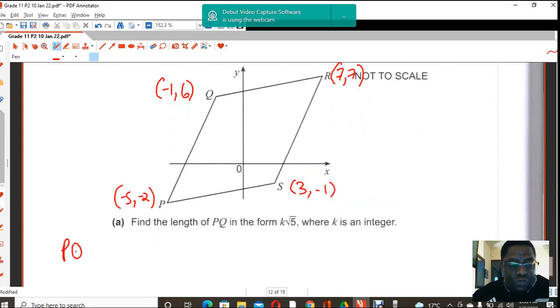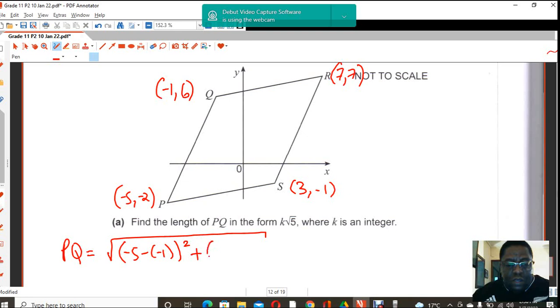So PQ is going to equal, take the two x values, so we're going to say (-5 minus -1) squared plus take (-2 minus 6) squared.